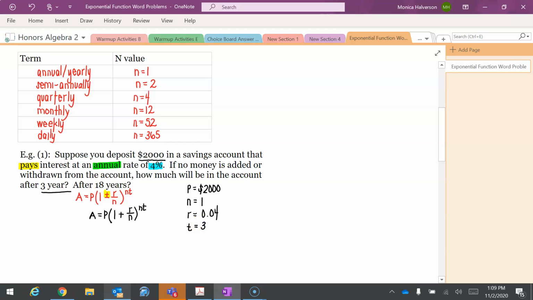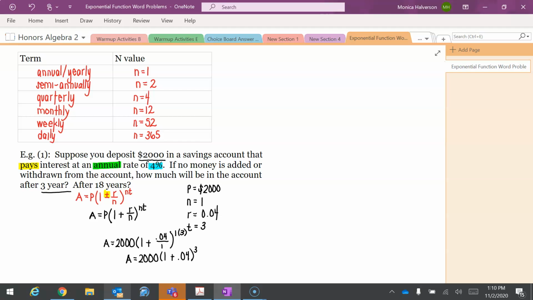So we're going to plug this all into our equation. A equals 2,000 times (1 plus 0.04 over 1) raised to the 1 times 3. So A equals 2,000 times (1 plus 0.04) raised to the third. And you're going to follow the order of operations to solve this.